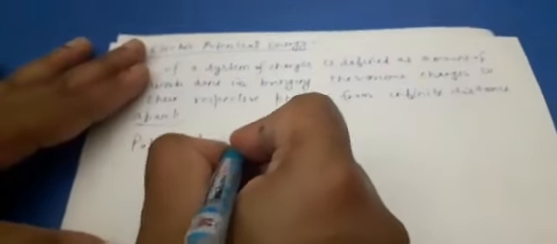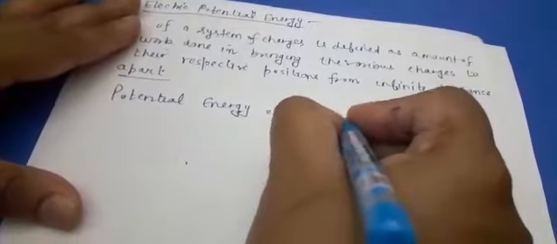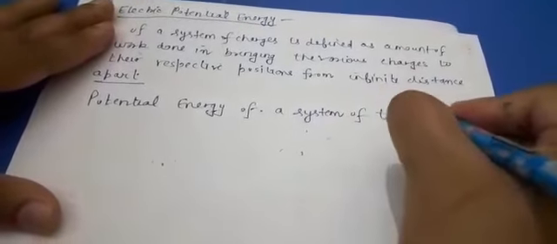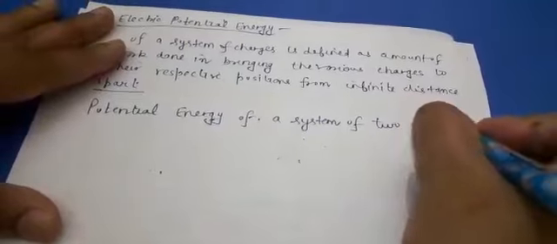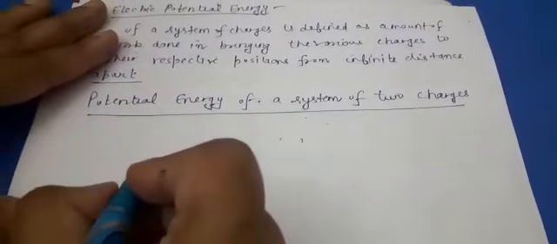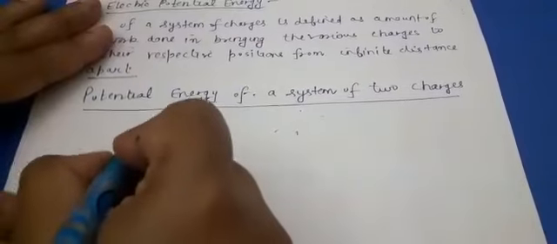Let me take potential energy of a system of two charges. Let two charges be there. Suppose a point charge Q1 is at point P1.